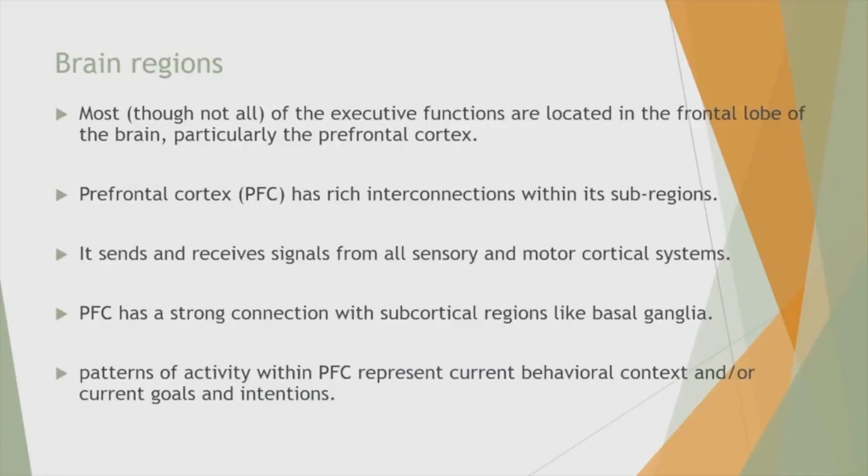There is a lot of agreement on this, that most of the executive functions are located in the frontal lobe of the brain, not all of course, but most, particularly in the prefrontal cortex.